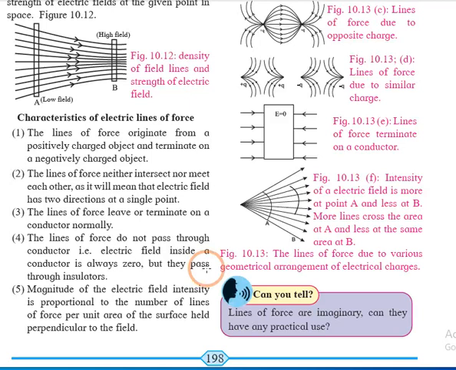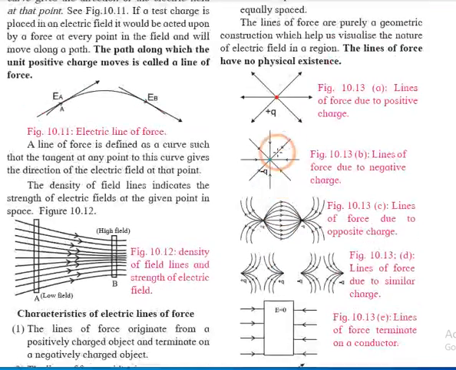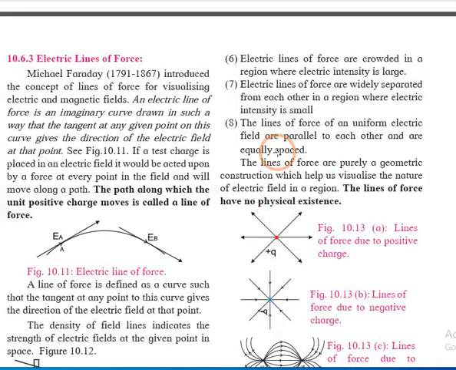The magnitude of electric field intensity is proportional to the number of lines of force per unit area of the surface held perpendicular to the field. Next, electric lines of force are crowded in a region where electric intensity is large.